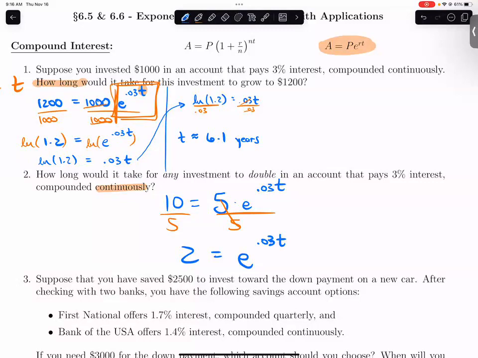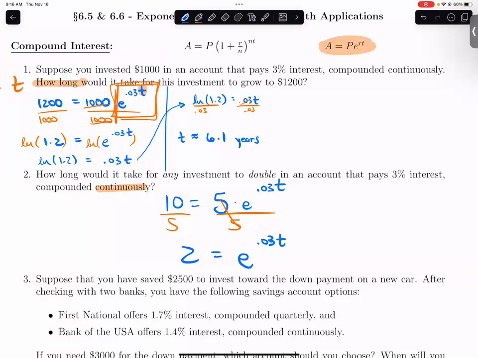If I said, how long would it take for an investment to, I don't know, triple? Well, you do the same kind of thing. This would need to be 3 instead of 2, right? Everybody okay with that? If you're more comfortable with it being more concrete, then pick a number here and this one needs to be double. So you choose P and then A is 2P because we're talking about doubling, and then solve.